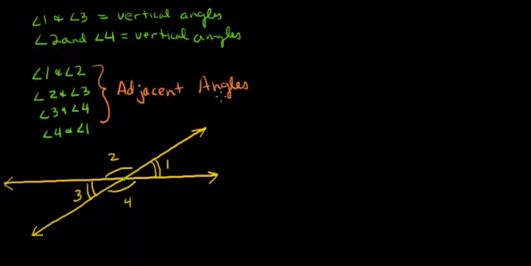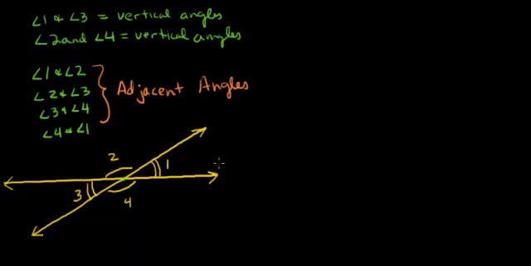This means that the angles share a common side. So angle 1 and angle 2 have this ray here between them. 2 and 3, 3 and 4, 1 and 4 all have a common ray that they share.